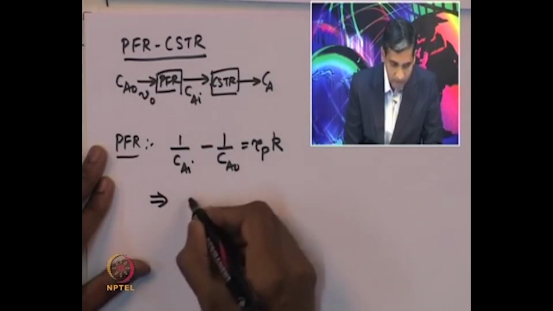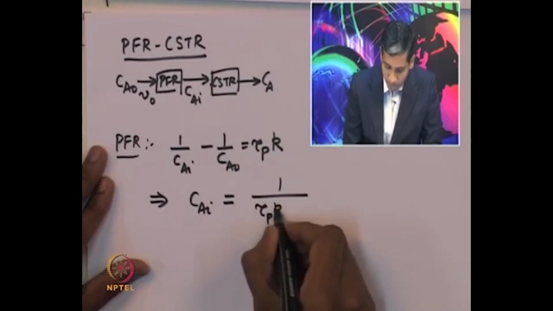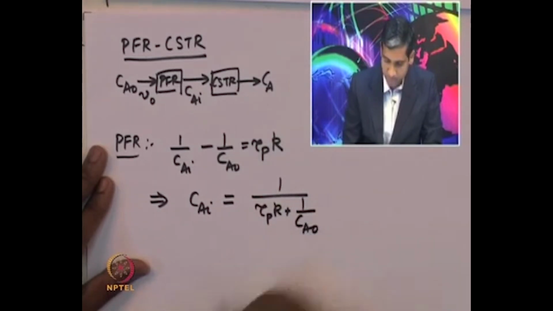So, from here we can estimate that C A I is equal to 1 by tau p k plus 1 by C A naught.